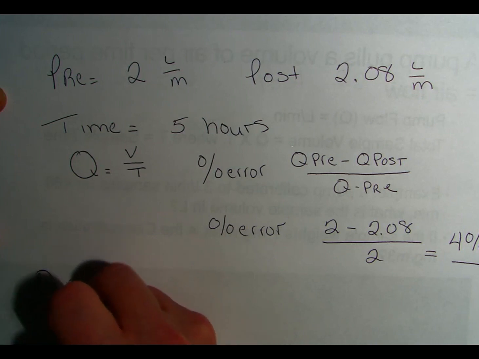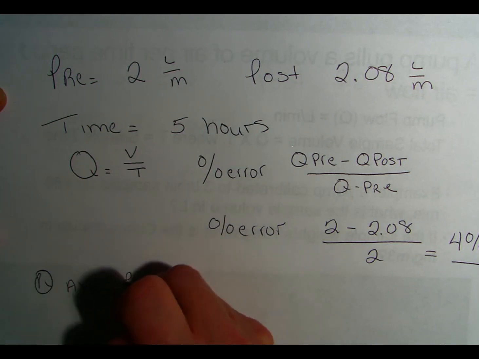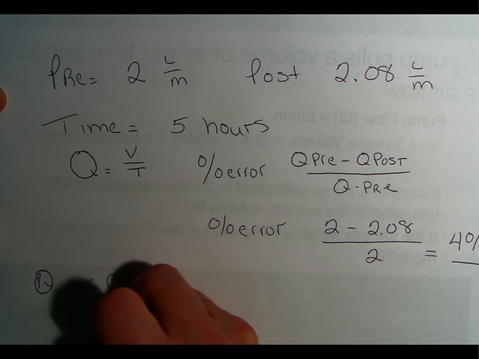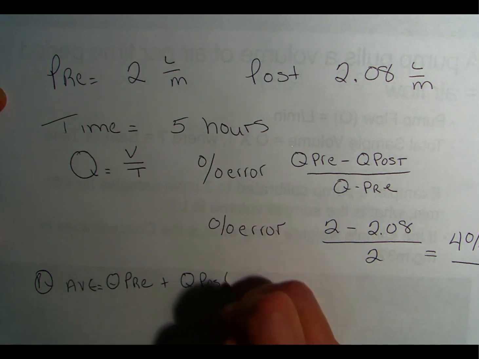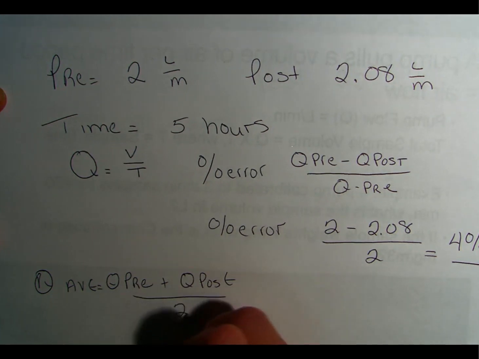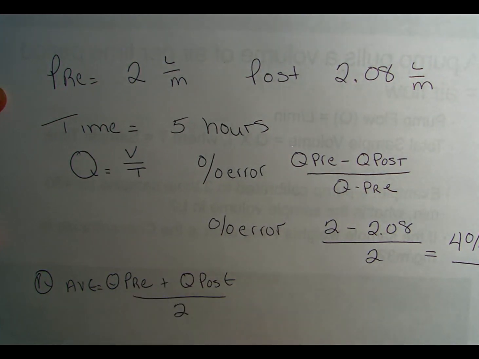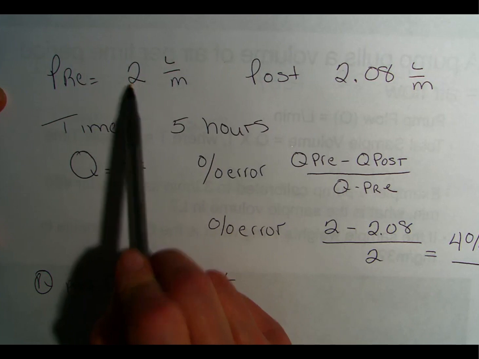So my Q average is pre plus post divided by 2, and it's divided by 2 because there's not two variables. Don't be confused with this 2.